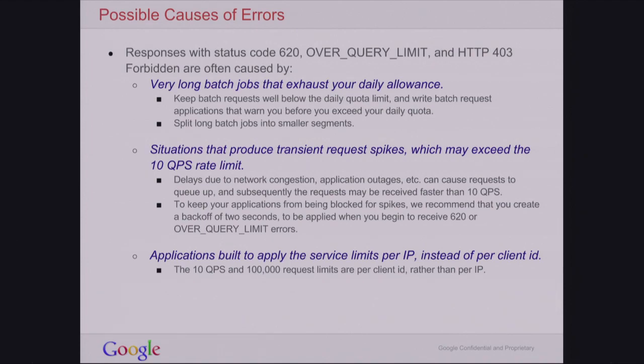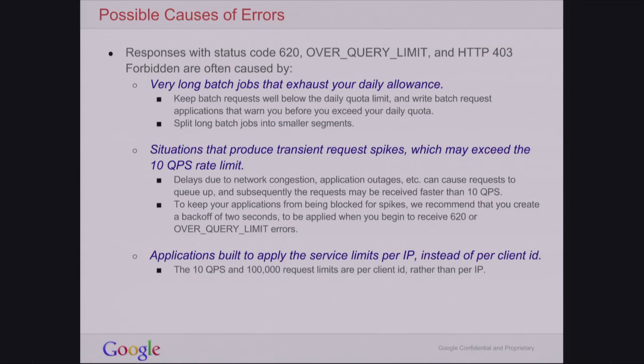Another situation that we see very commonly is the buildup of requests in the request queue due to situations like network congestion, for example. What happens in these situations is that due to the buildup in the queue, you will very easily hit the 10 queries per second limit, or whatever uplift you may have purchased for that particular web service. And so again, you'll be generating the over query limit, and if this is not detected soon, repeated occurrences of the over query limit will end up in a 403 forbidden status code, which means that your requests will be blocked for a longer period of time.